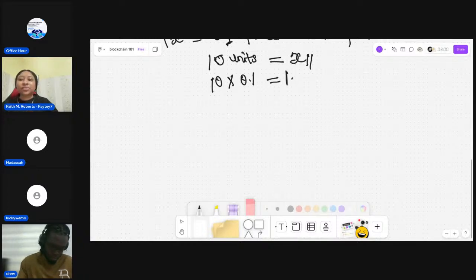Now let's do a bit of the token supply growth.